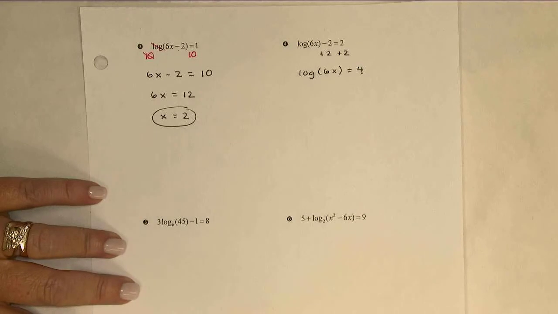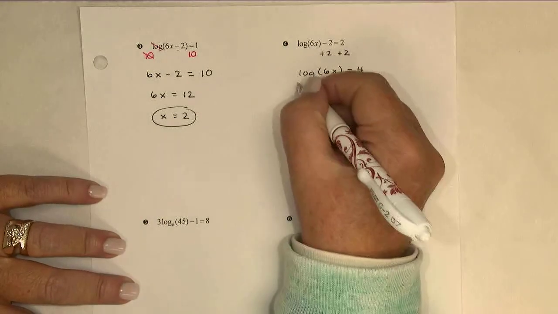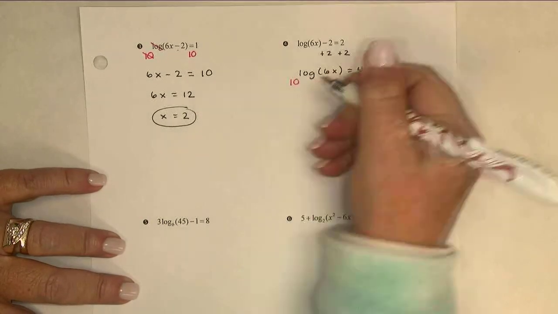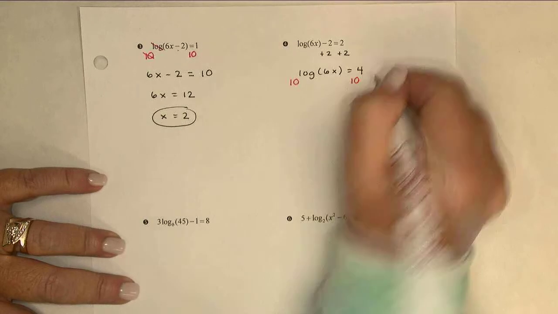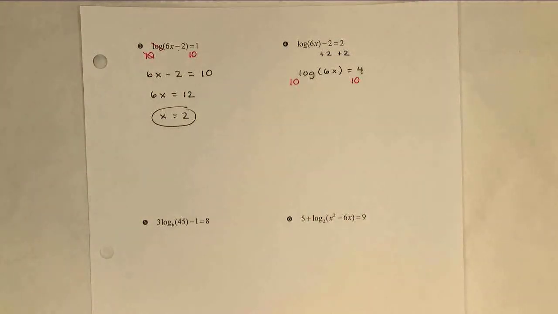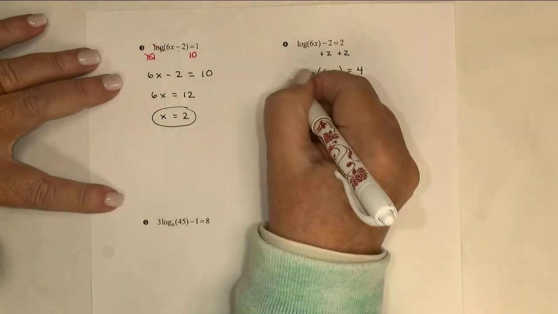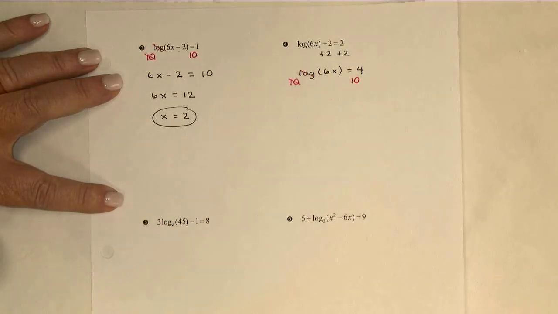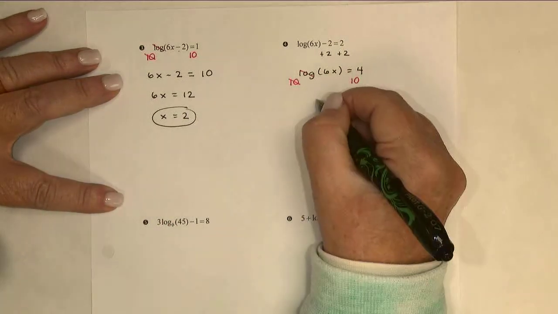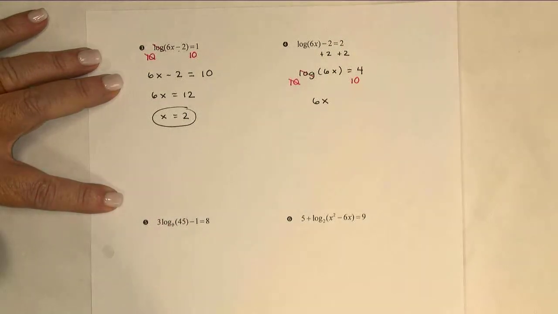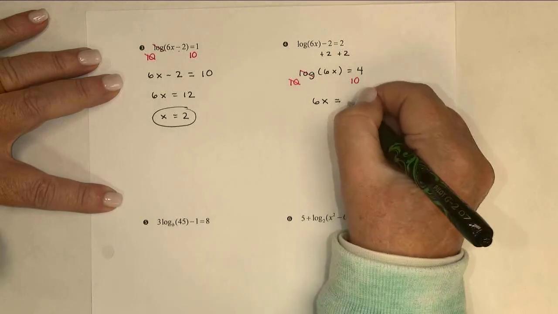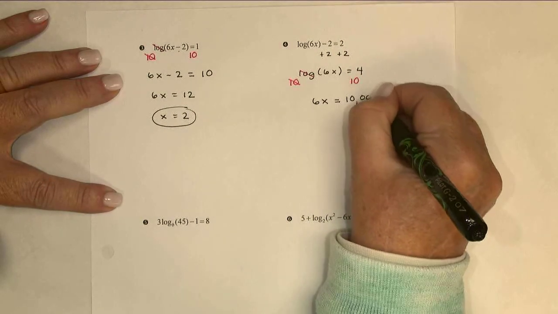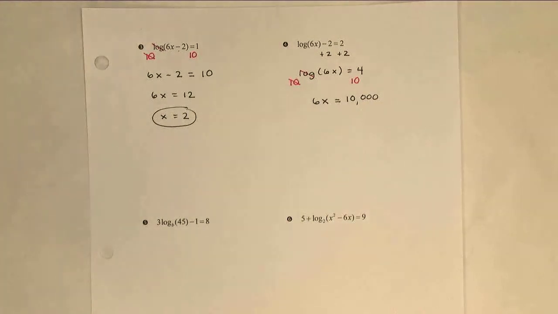Now that my log is isolated, once again I'm going to exponentiate on a base of 10, both sides, and use that inverse property of the exponential and the log to say that the left side is just 6x, and the right side, 10 to the 4th power, is 10,000.